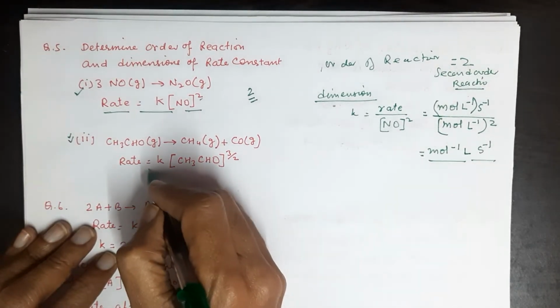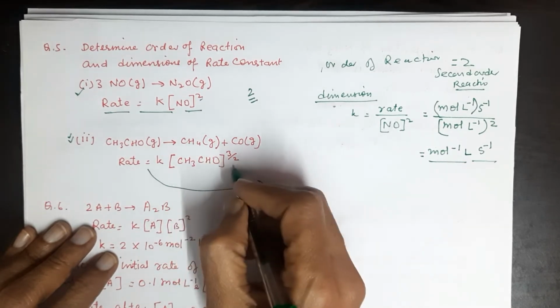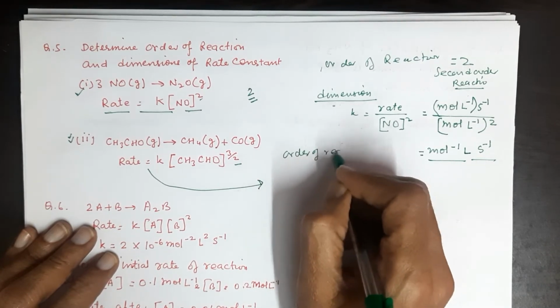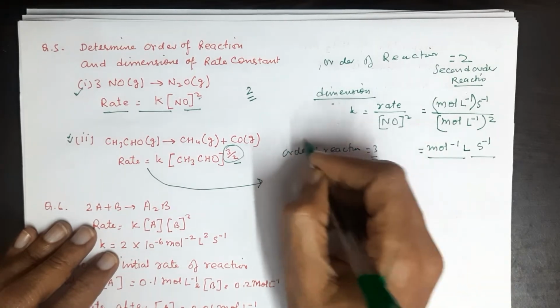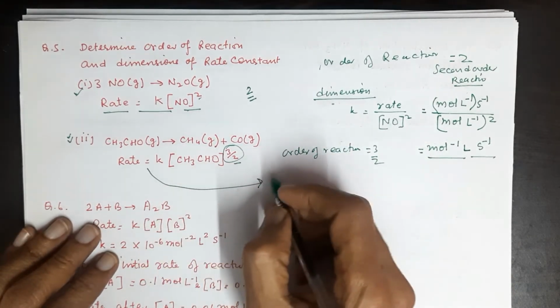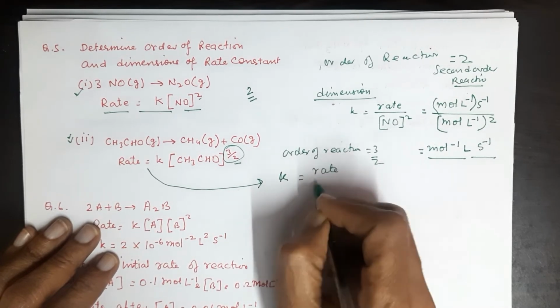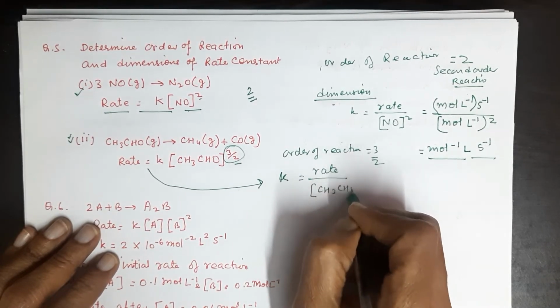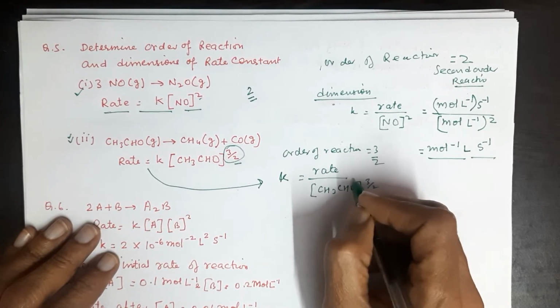And the same we can calculate for the next reaction. Here the order of reaction is 3/2, and the dimension of K will be rate divided by [CH3CHO] to the power 3/2.